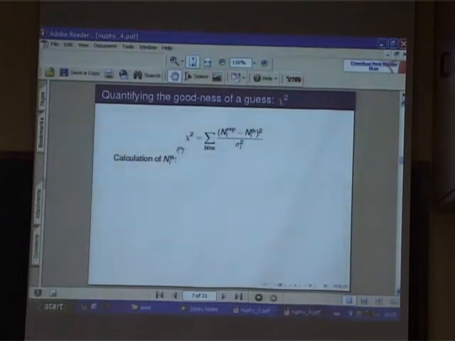If things were perfectly fine, we expect that chi-square is nearly equal to the number of points you have. Not strictly true. The strict statement is that chi-square is nearly equal to the number of degrees of freedom you have. Degrees of freedom is equal to the number of points minus the number of free parameters.